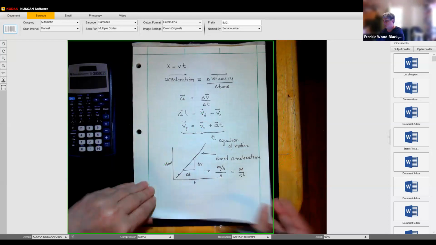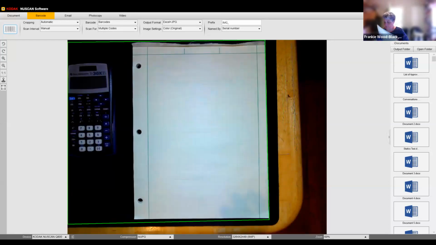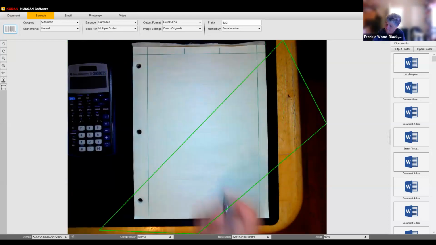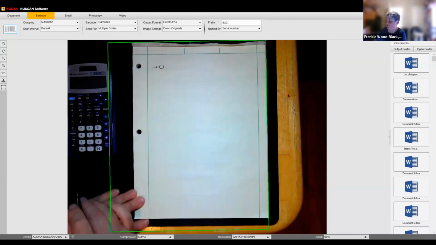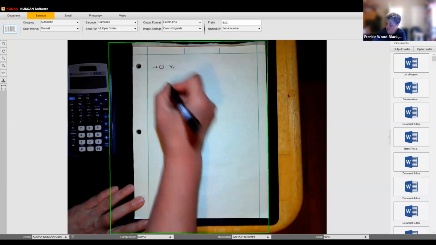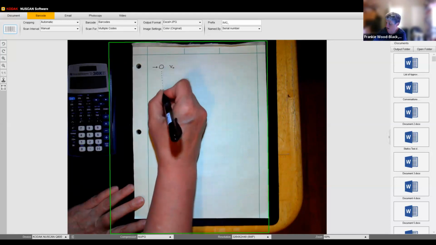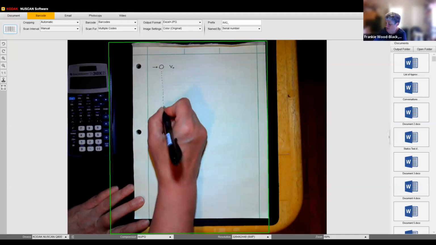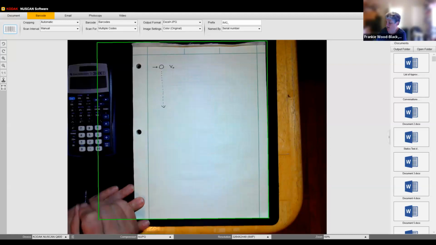So now if we drop a ball, we start with my ball at the top, its initial velocity is 0. And we gather some data here. So this is just a ball drop.